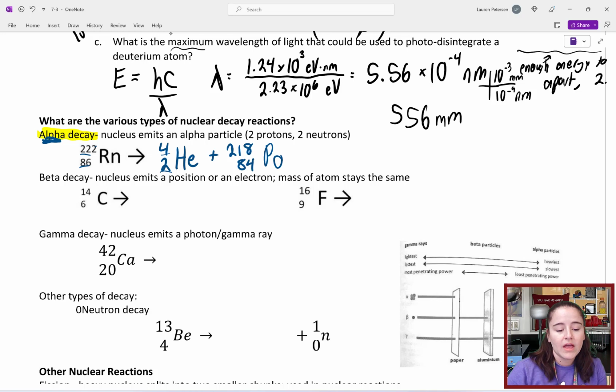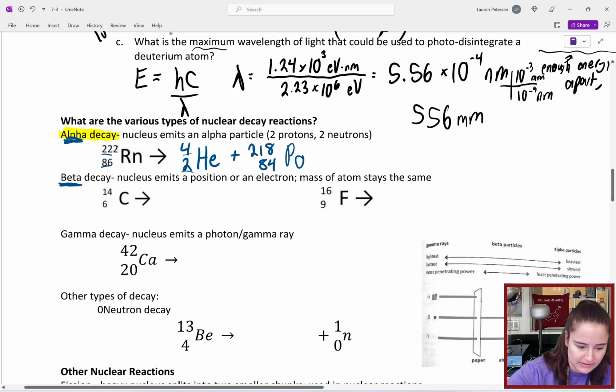Okay. Now, for beta decay, it's when the nucleus emits either a positron or an electron. Basically, when a neutron changes to a proton or a proton changes to a neutron. And there's 2 different ways that you might see the positron and the electron represented.